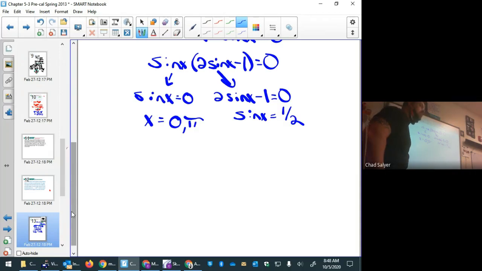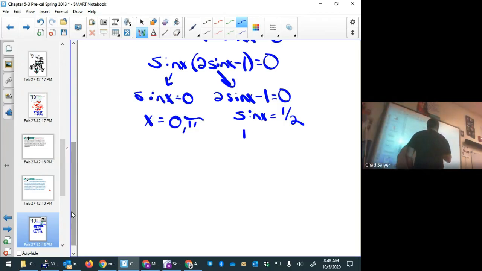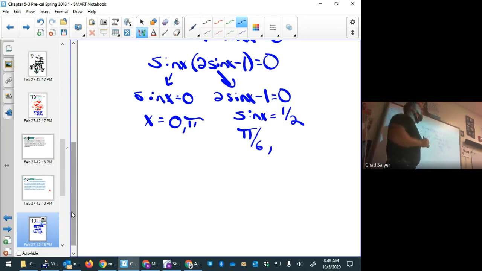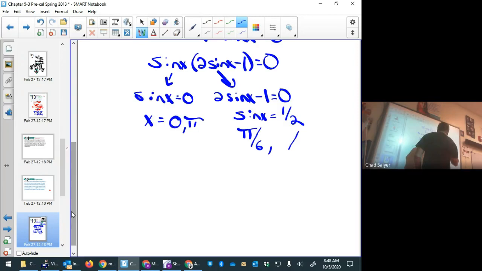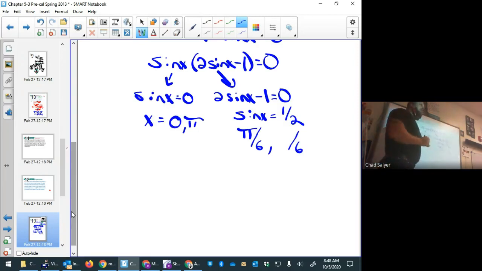That would be pi over 6. That's one solution, pi over 6. Then there's another one in Q2. What is it, Ian? Give you a hint up here. Looking for where the y coordinate is positive 1/2.